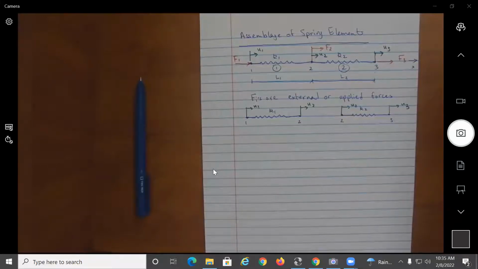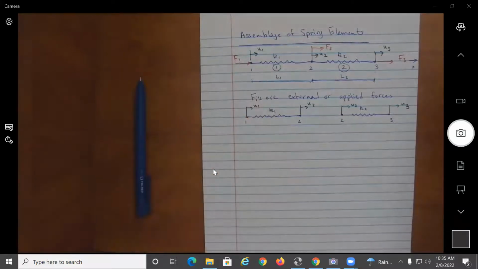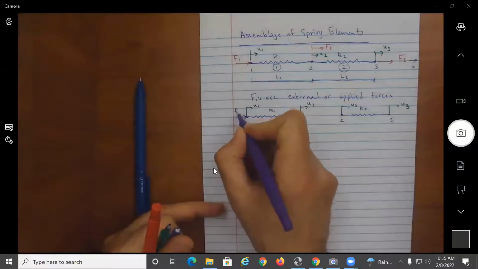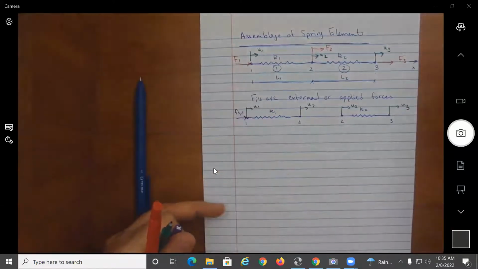Next, when we looked at elements, we looked at element forces. And I'm going to use another color for the element forces so that we can differentiate between element forces and external or applied forces. So at element 1, we have this F1 applied to element 1.